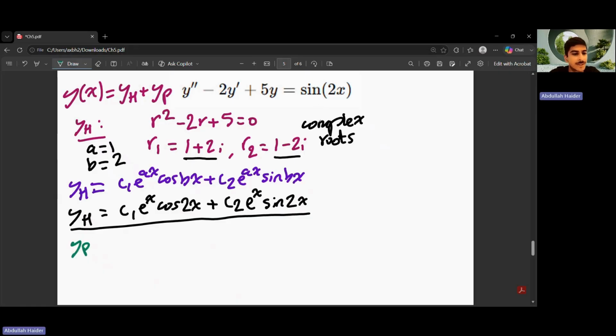So we have a sine 2x here, which means we can make the assumption a cosine Bx plus c sine Bx.